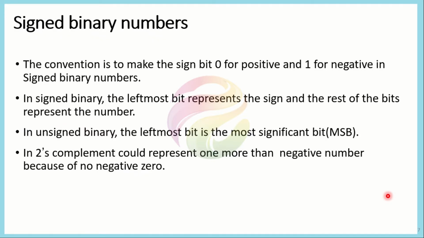Now we will discuss the signed binary number system. So far we have been subtracting two numbers with some magnitudes. We haven't said that any number is positive or negative; we are just subtracting two numbers.